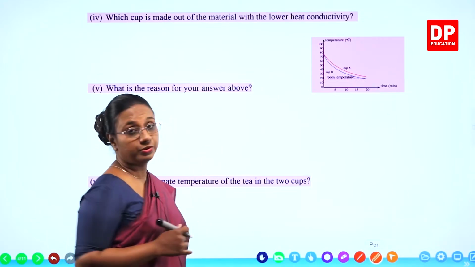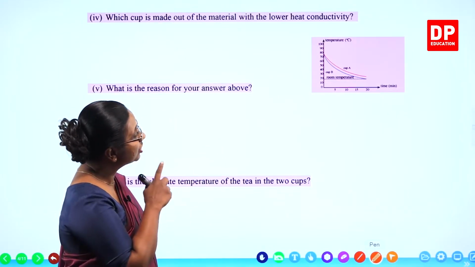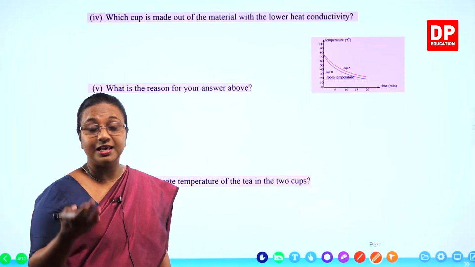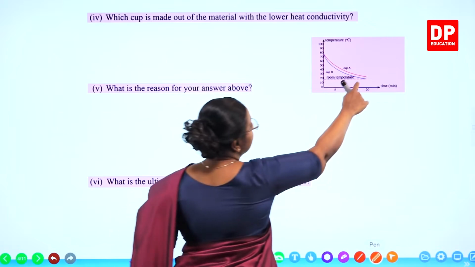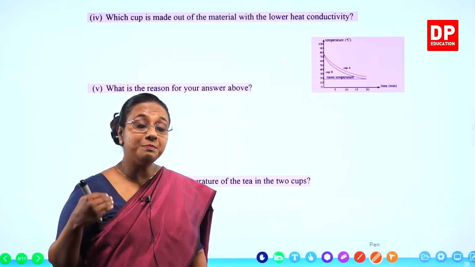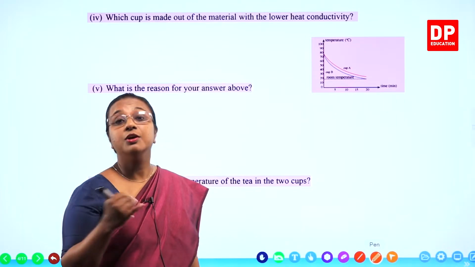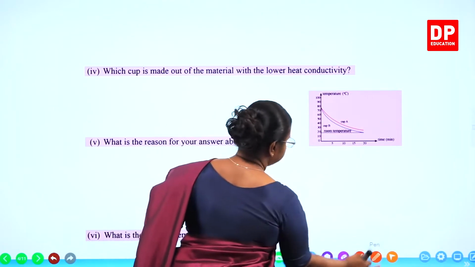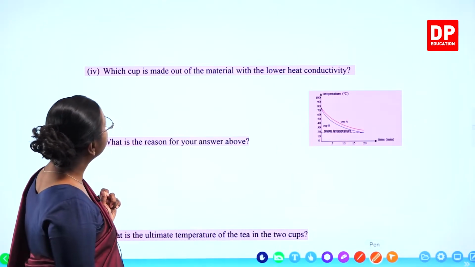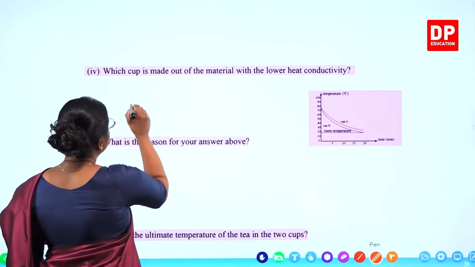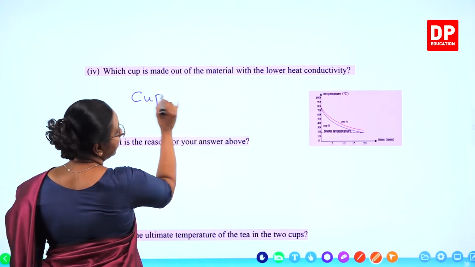From the 2 graphs, we came to the conclusion that cup A has a lower heat conductivity. That is why it still has a higher temperature after 20 minutes, whereas cup B has already reached the room temperature. So, the answer to this question, which cup is made out of the material with the lower heat conductivity, is cup A.